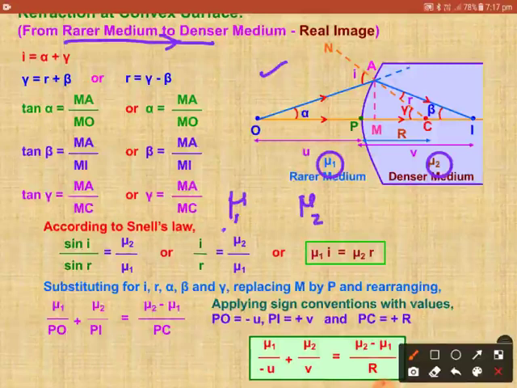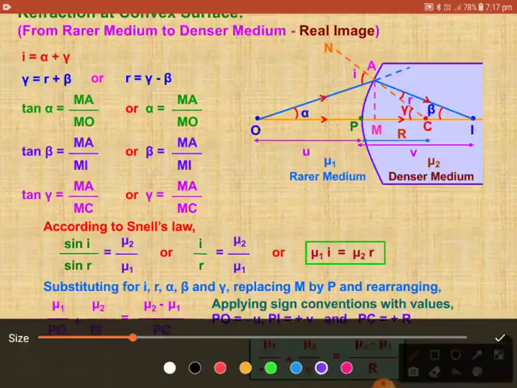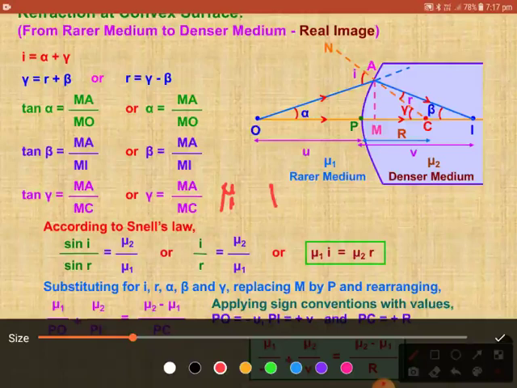So you divide the refractive index of the first medium by minus of the object distance. Let me write it first with a different color, that will be better. The refraction is from mu1 to mu2.